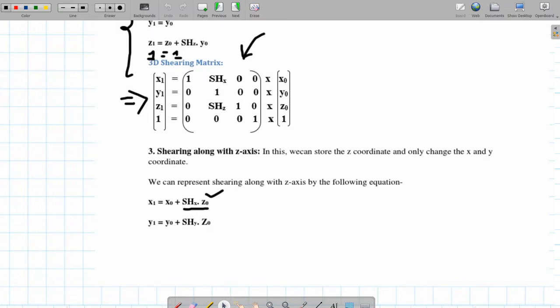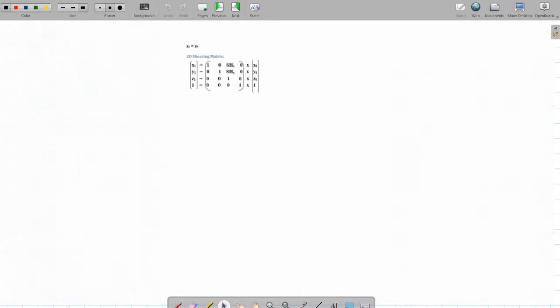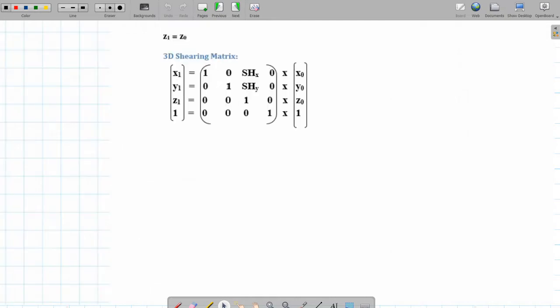shx multiplied with z0. Similarly, y1 equals y0 plus shy multiplied with z0, and there will be no change in z coordinate value.